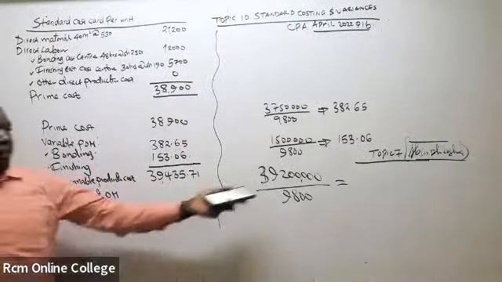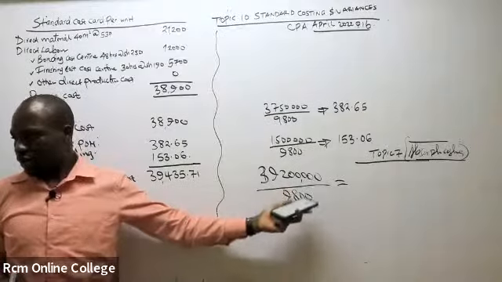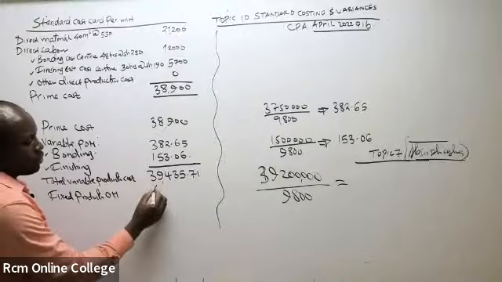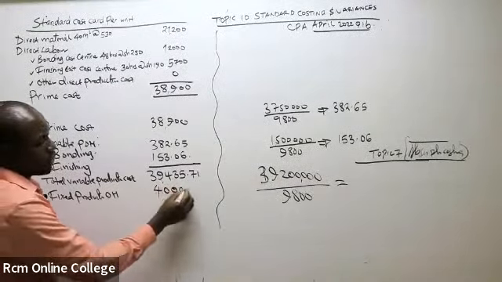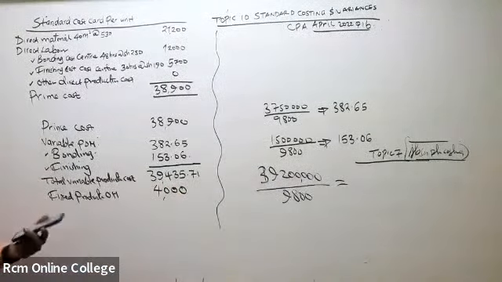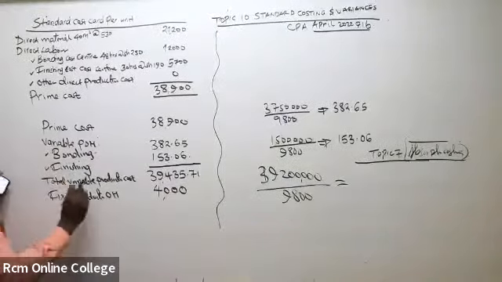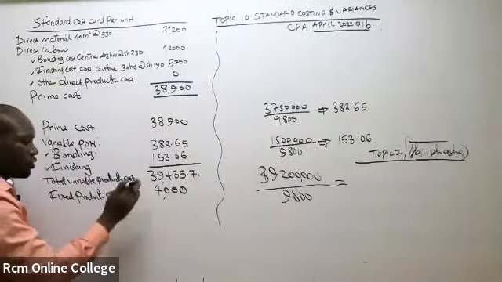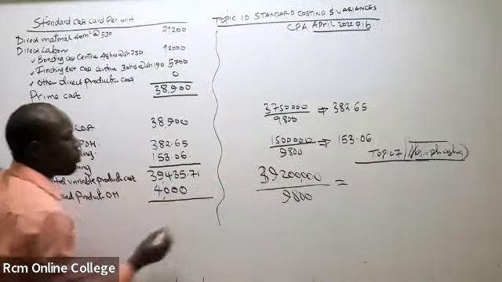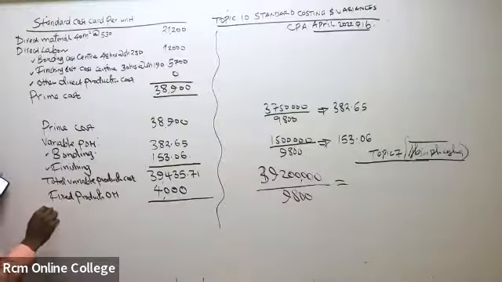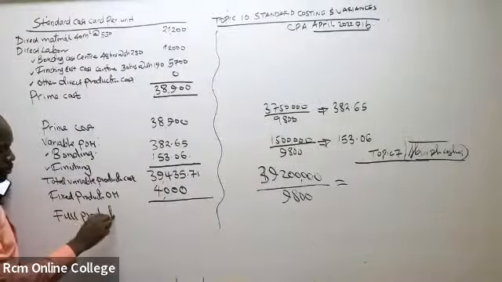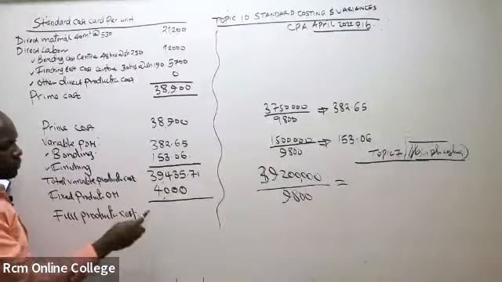Good. So what are you getting when you divide this? 4,000. So I believe somebody was asking about the 4,000. Your question is now answered. Good. Then from the fixed production overheads, when I bring in total variable production cost and I add to fixed production overhead, I'll be getting what we call full production cost.